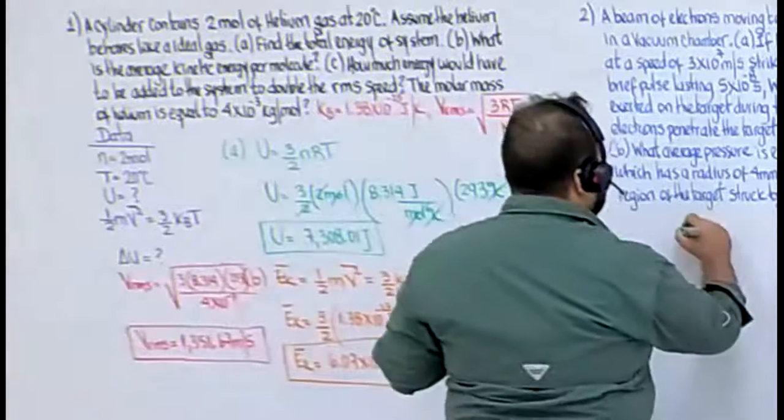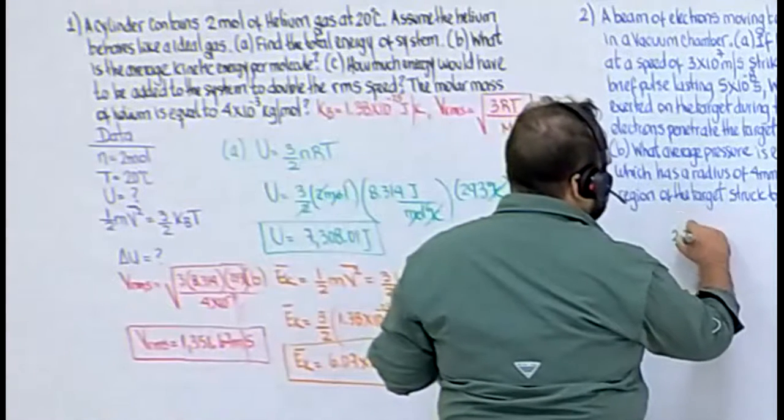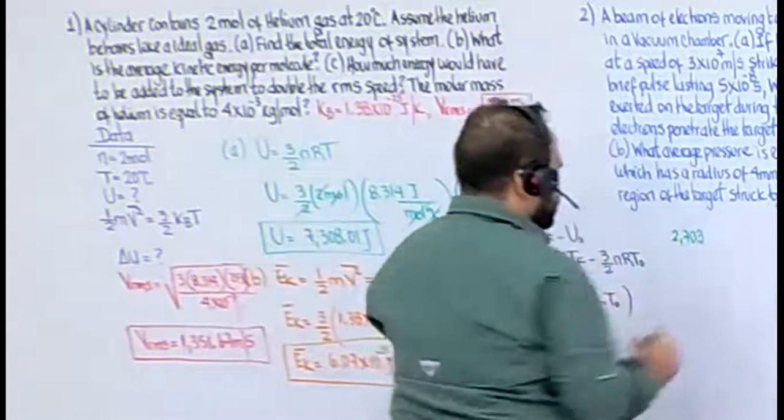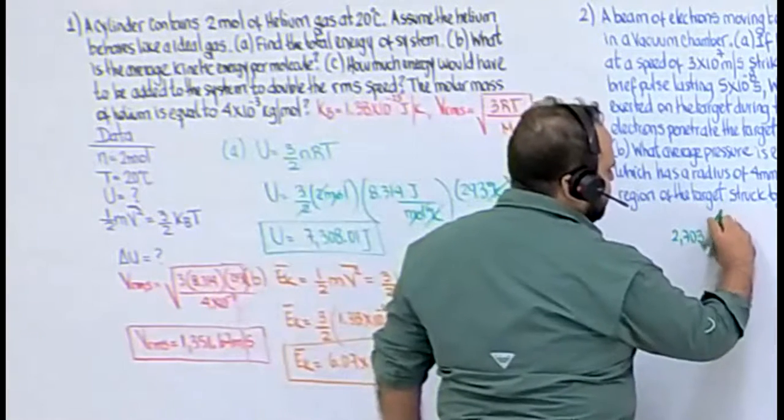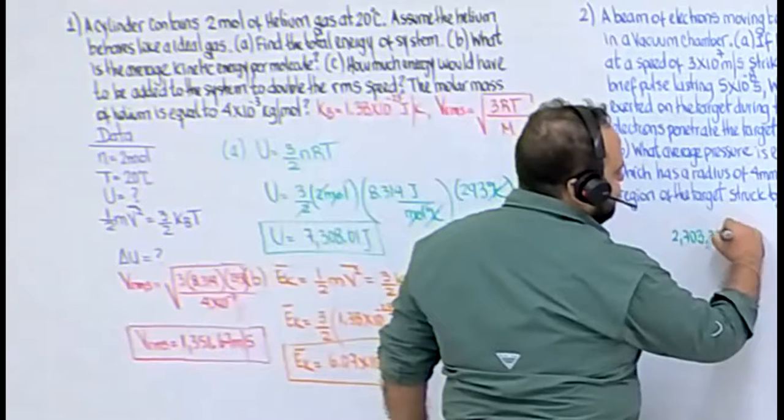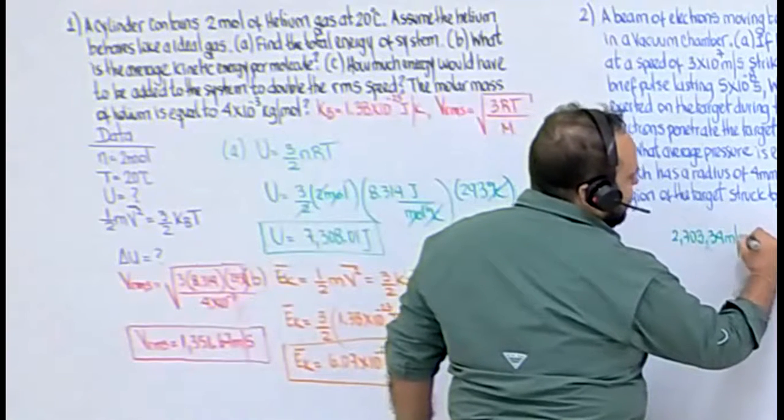Doubling the speed gives 2,703.34 meters per second.